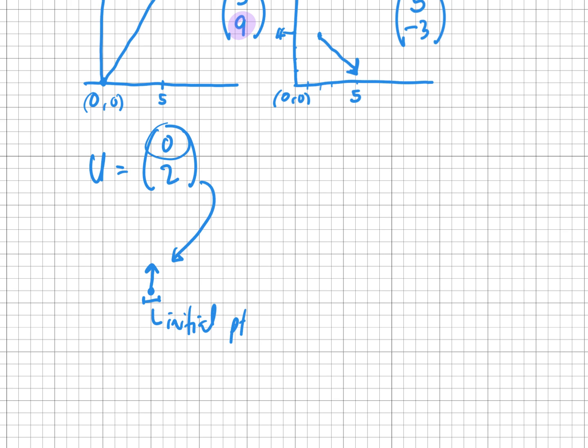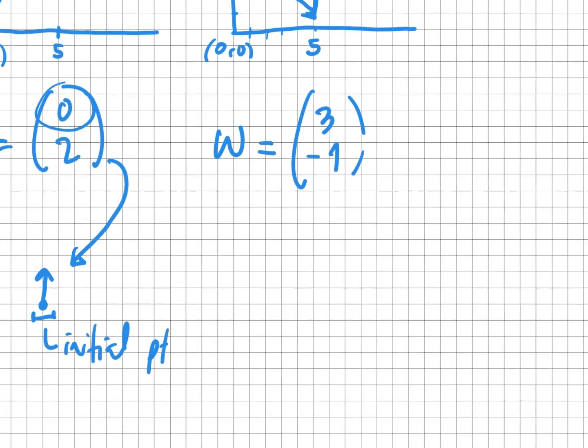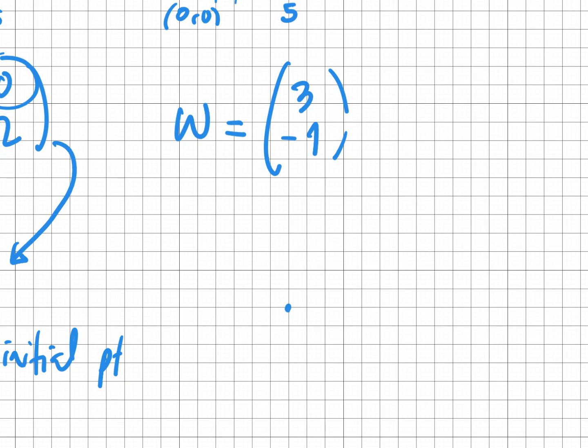Let's try it again. For example, I would like you to make a vector w as 3, -1. Let's start. You can use any dot in here. Let's say I'm going to use this one dot in here. That's my 0. If we're going to say 3, where can you find 3? It's going to be 3 to the right and then 1 down.